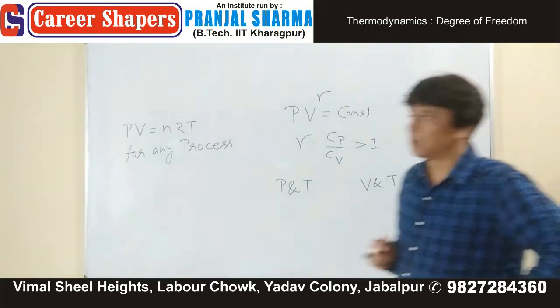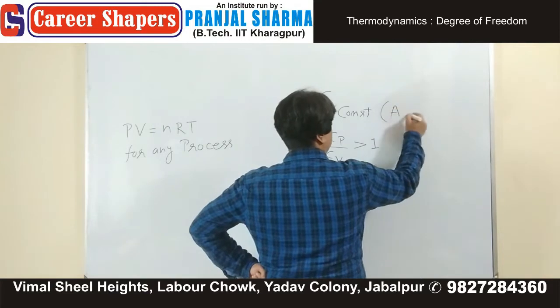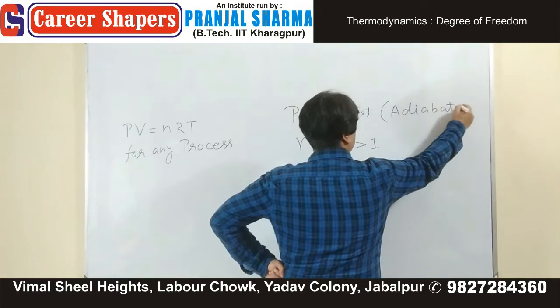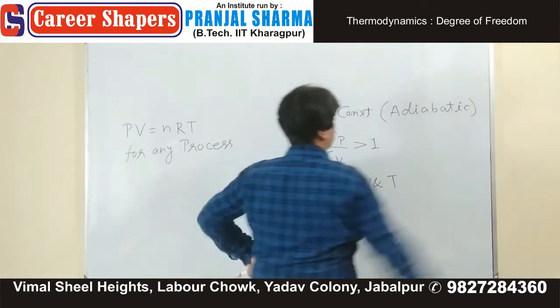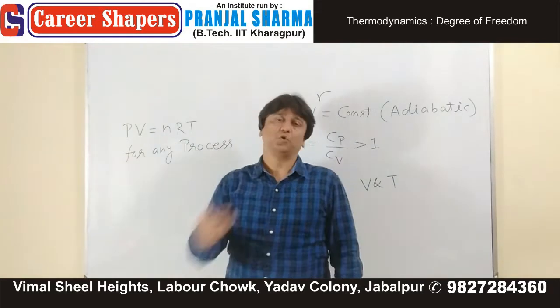PV gamma is constant. This is for an adiabatic process. Group this and you will get the answer.